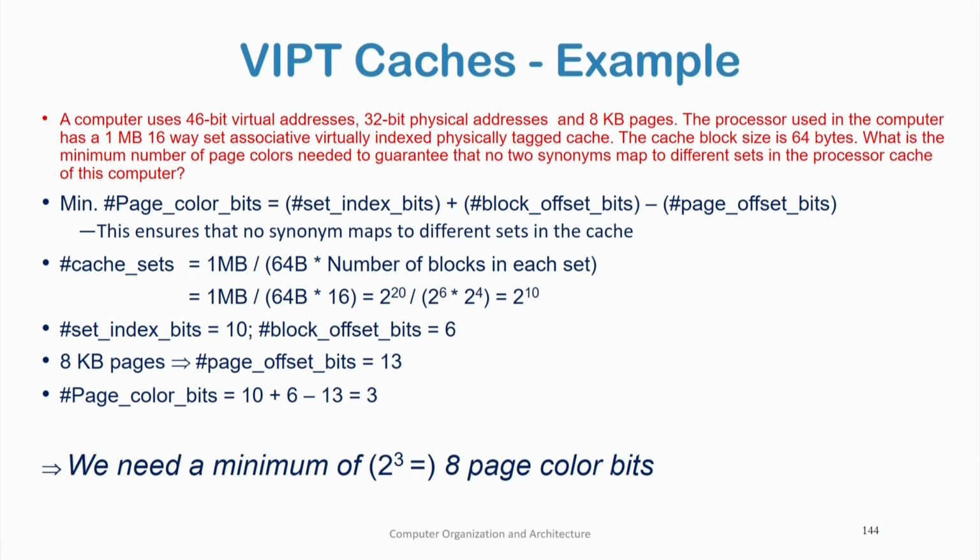Hence, we need a minimum of 2 to the power 3, because I have 3 bits. So, the page offset is 13 bits, but I am using 16 bits to access the index of the cache, and therefore, these 3 bits bring in the problem of synonyms, and therefore, I colored my page frames of my physical memory into 8 different colors, such that a set in cache always gets pages of the same color, when the virtual address is mapped to the physical address.